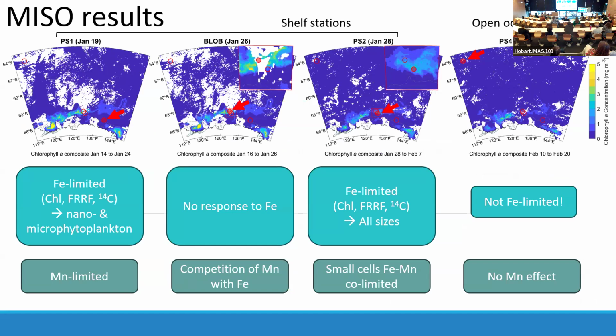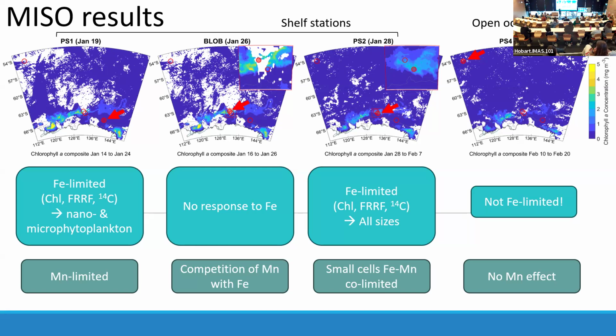So as a summary conclusion of the MISO bioassay experiment, we've observed signs of iron limitation at process station 1 and some sign of manganese limitation for the photophysiology. Interestingly, at the chlorophyll patch, despite the fact that it was our lowest iron concentration, we did not observe signs of iron limitation.